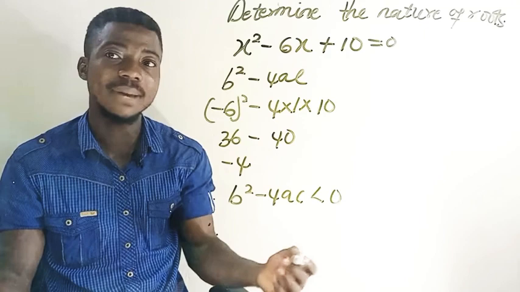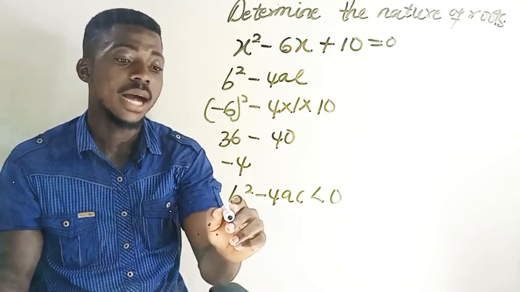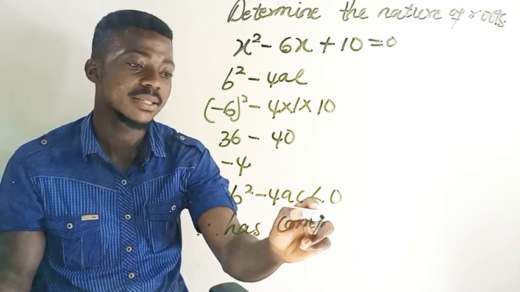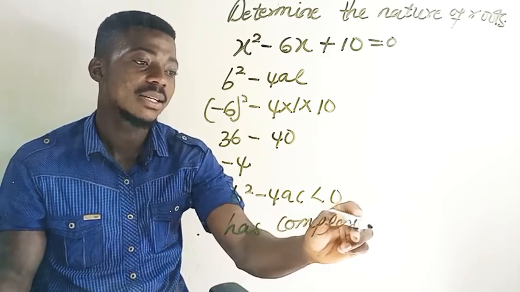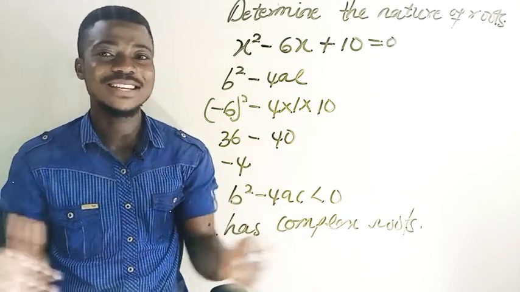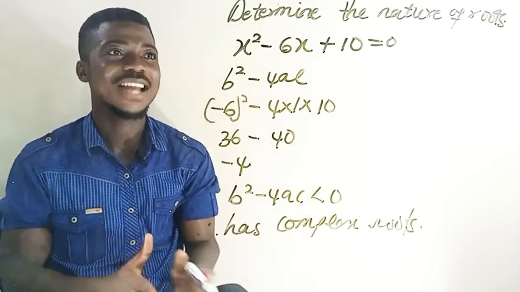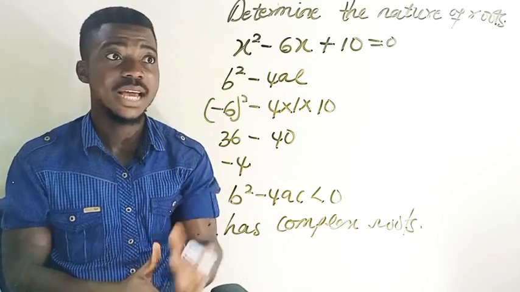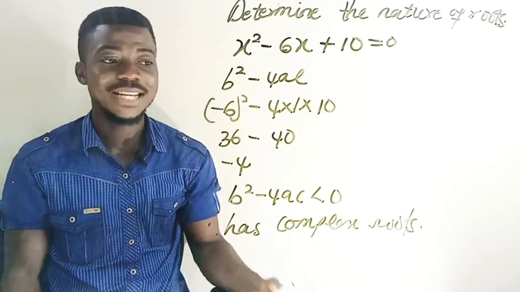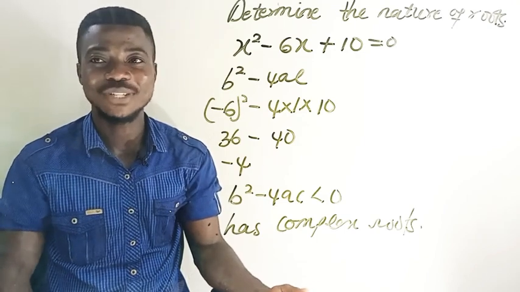It has complex roots. So that is it, guys. That is how you determine the nature of the roots and how you find the discriminant of any equation.